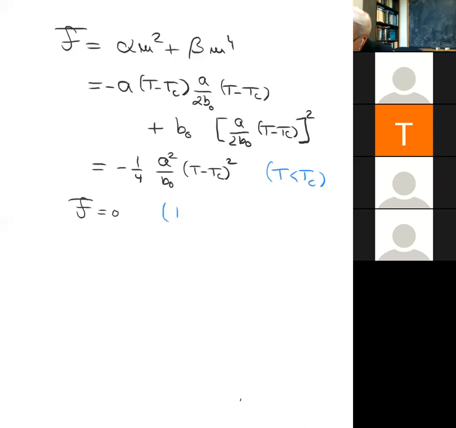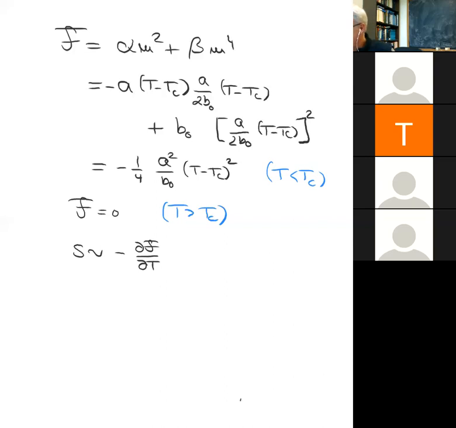Okay. So now you can try to use thermodynamic identities to compute other things. So for example, the entropy density of the system is a derivative of the free energy density with respect to temperature. Okay, that's one of these thermodynamic identities.